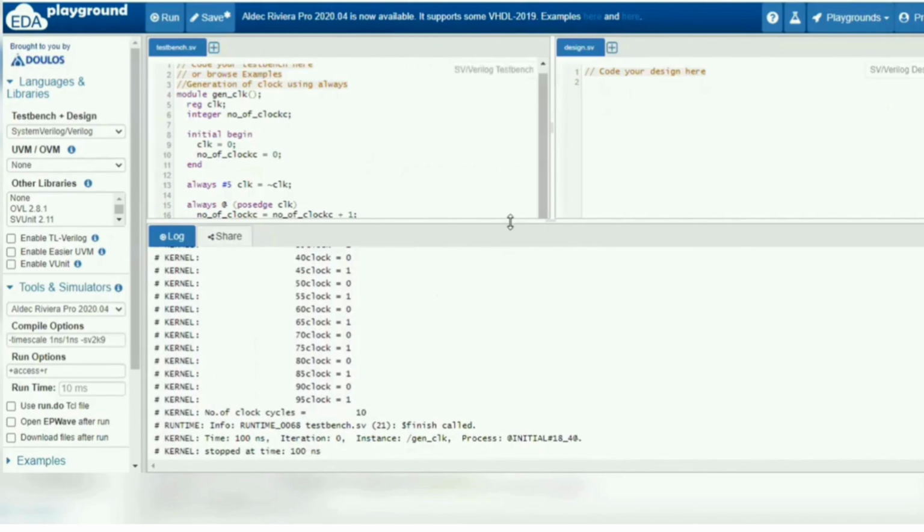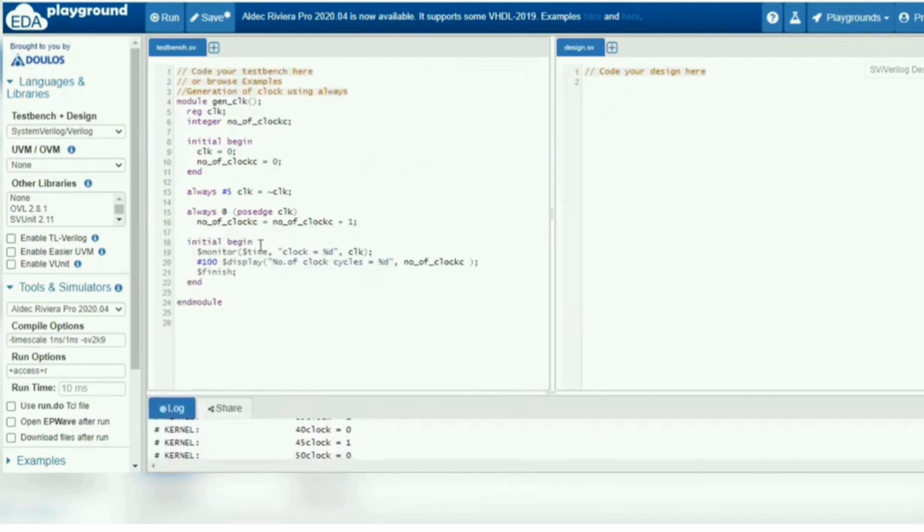If you want to see it in the form of a waveform, then we can use $dumpfile. We just have to dump the file here: dump.vcd.